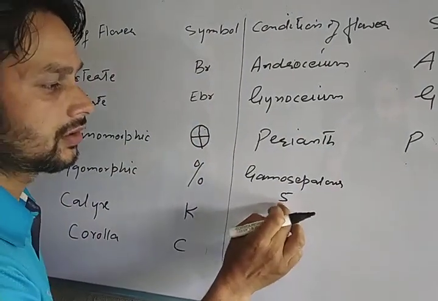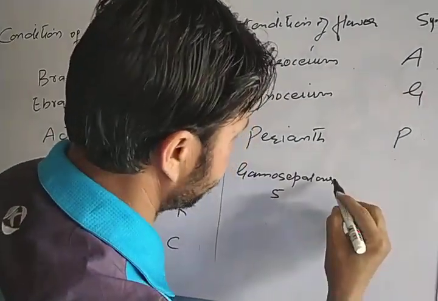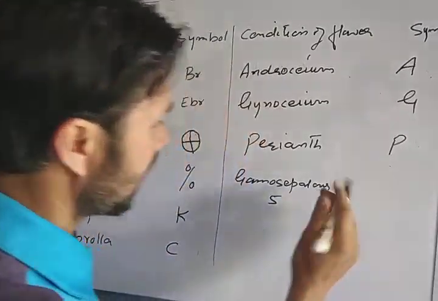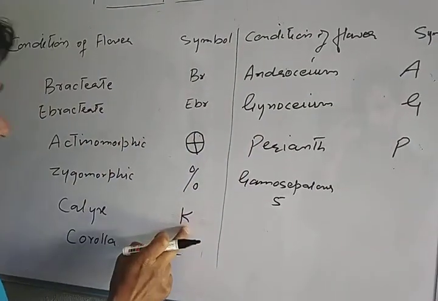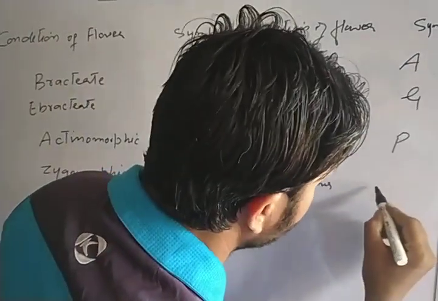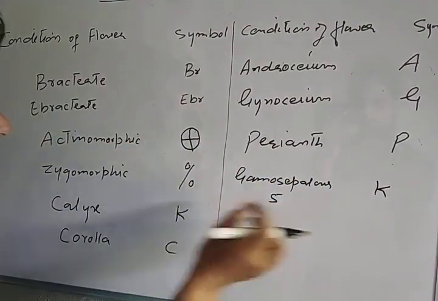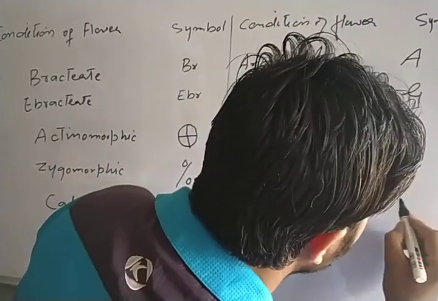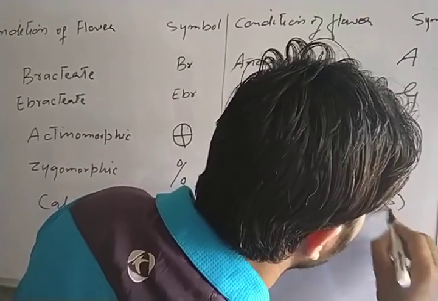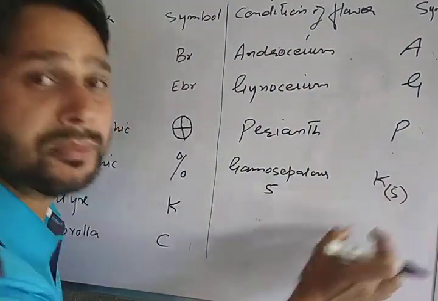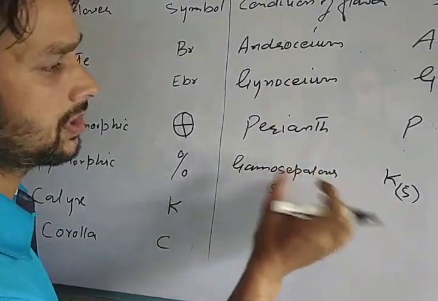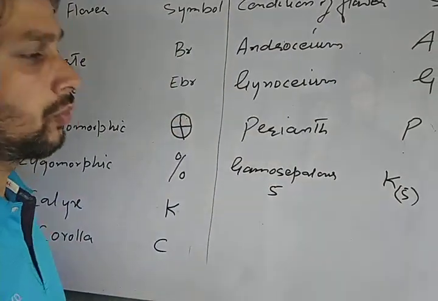This is a numerical 5. As we know, calyx is represented by K. We can show K here, but these sepals are 5 in number, so we write 5, but this 5 must be in brackets. This bracket represents the fused condition. That's why we say gamosepalous.